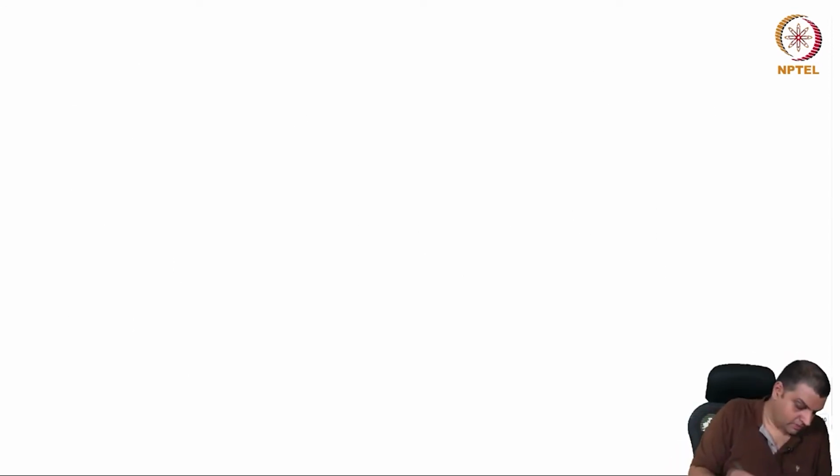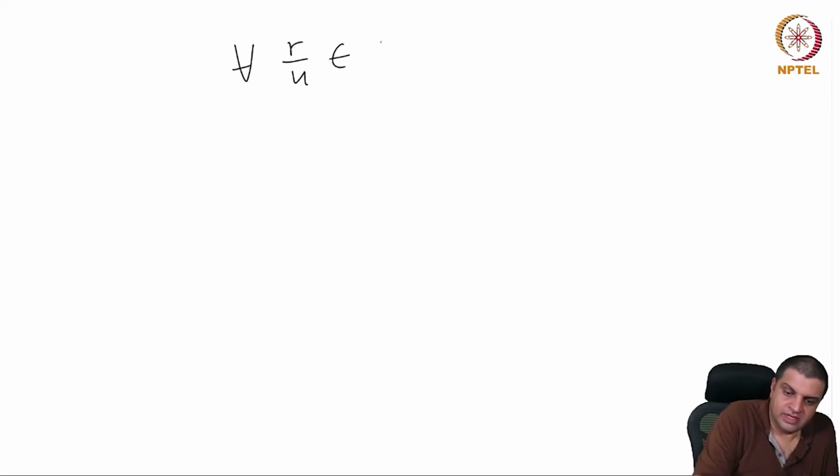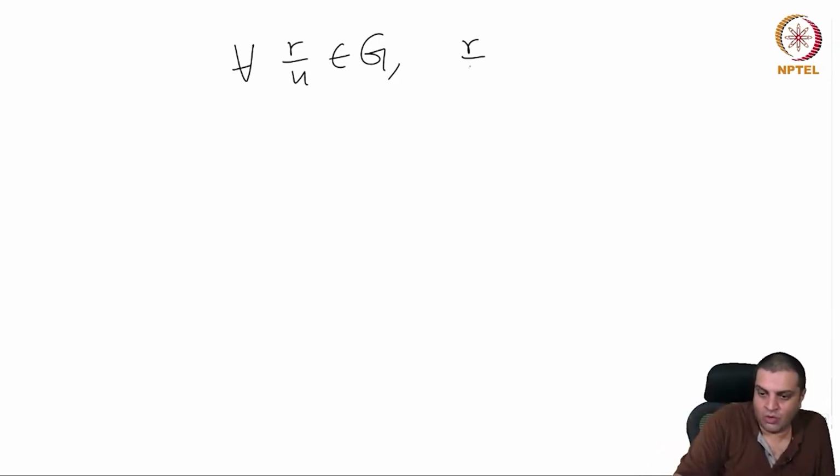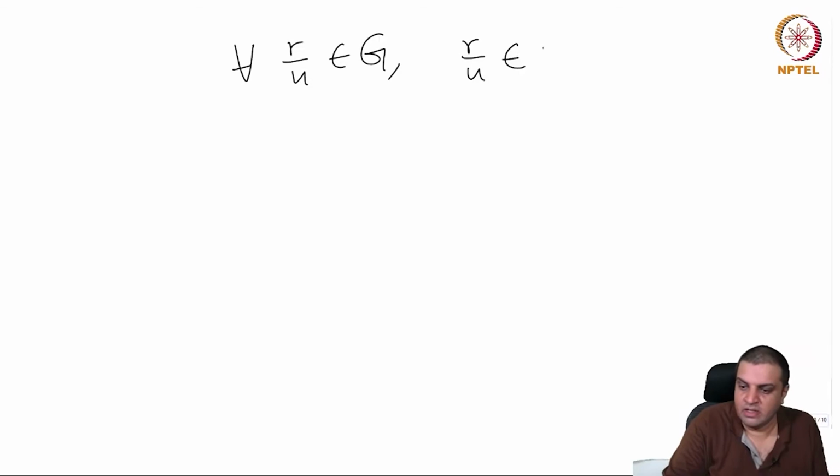Okay. Let's write that. So notice that for every r over u inside G, r over u can be written as r times 1 over u.